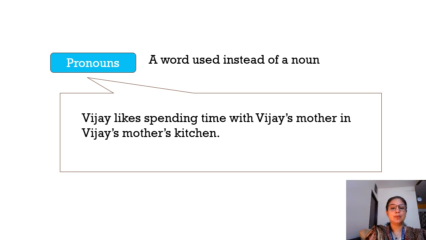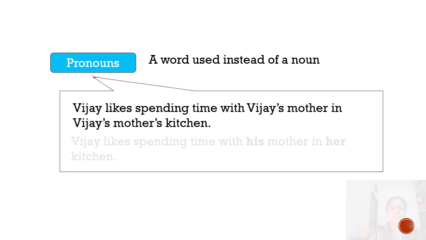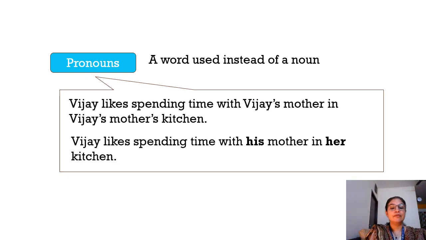Instead of this, we can say Vijay likes spending time with his mother in her kitchen. So we have replaced Vijay with his in the first instance and Vijay's mother with her. Now these two words, his and her, are pronouns.